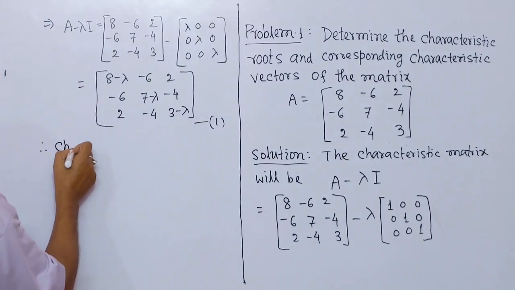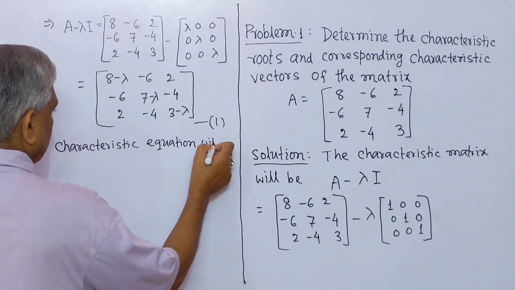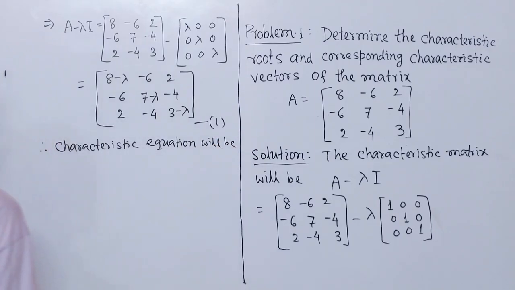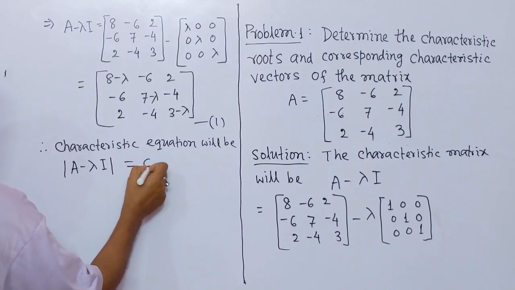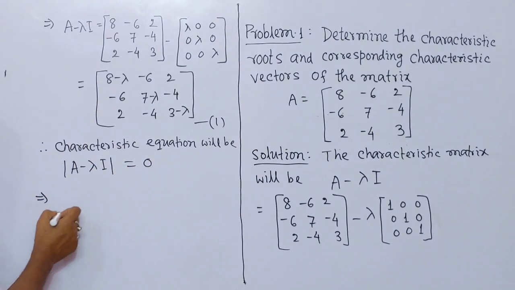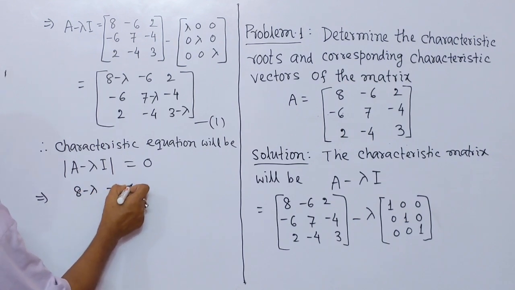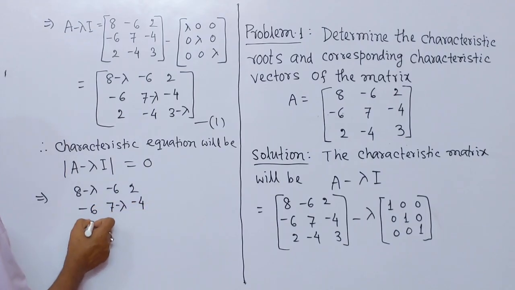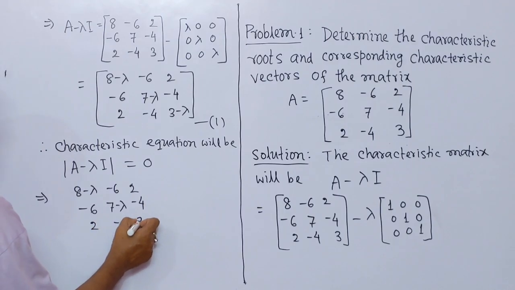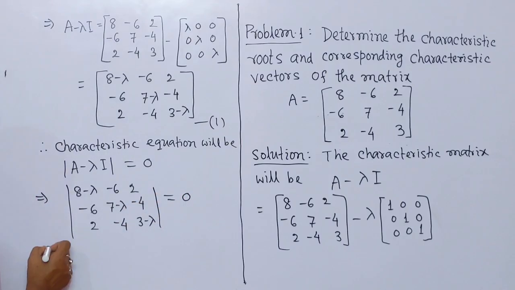Therefore, the characteristic equation will be determinant of A minus lambda I equal to 0. This implies that the determinant of [8 minus lambda, -6, 2; -6, 7 minus lambda, -4; 2, -4, 3 minus lambda] equals 0, which implies that this is 8 minus lambda.